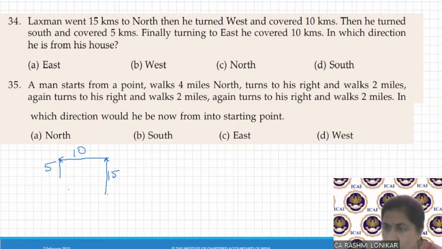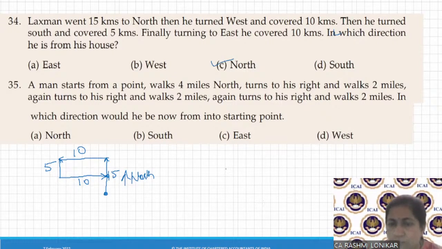Finally, turning to the east, he covered 10 kilometers. In which direction is he from the house? Obviously, his house is here. He is now here. Which direction is this? This is the north. So which is the option here? C will be the correct option.